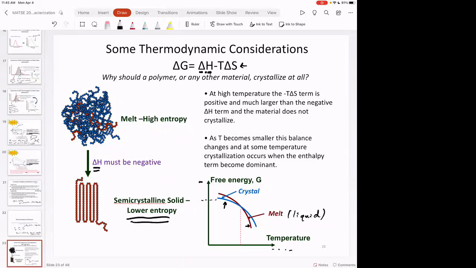What's this crossover temperature called right here? What's that temperature? TM. It's the TM because when you go from a crystal to a liquid, that's a formal first order phase transition. It's defined as the TM. And we'll talk about what a first order phase transition means versus a second order phase transition.